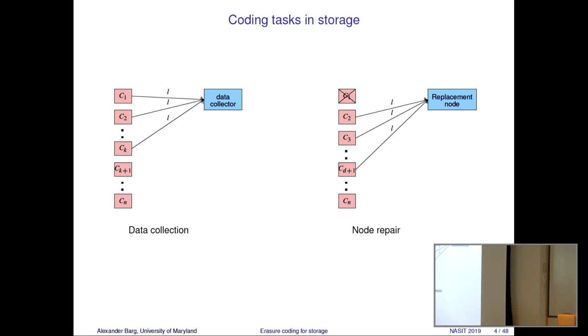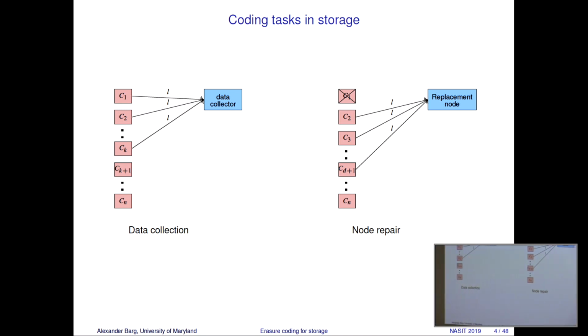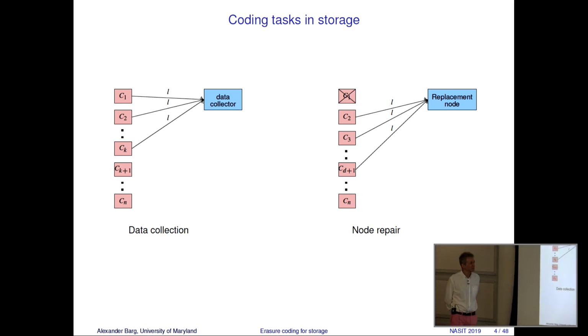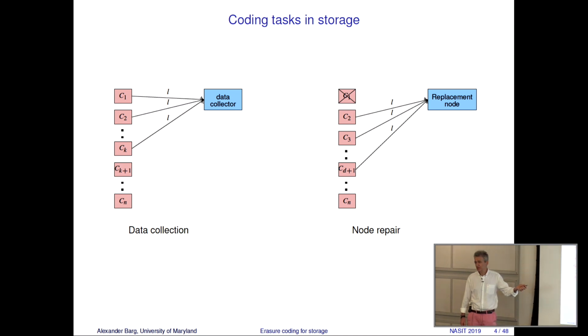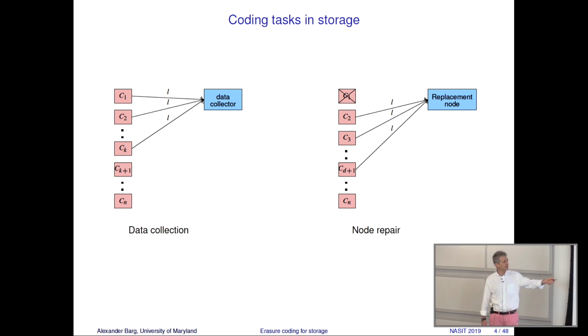So looking slightly more broadly, there are two tasks in coding for storage. One is providing the information sought by the user, that is data collection. So from every node, we carry L symbols of, let's say, a finite field. And there is a question of node repair, the task of node repair, where this node is knocked off.